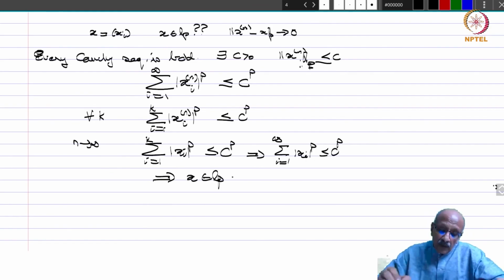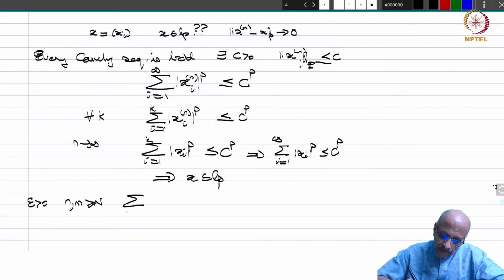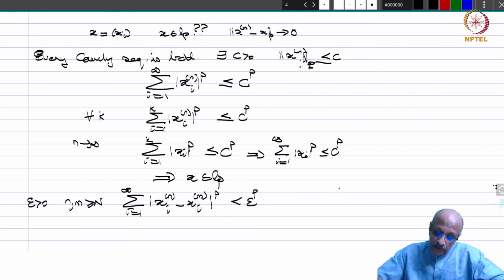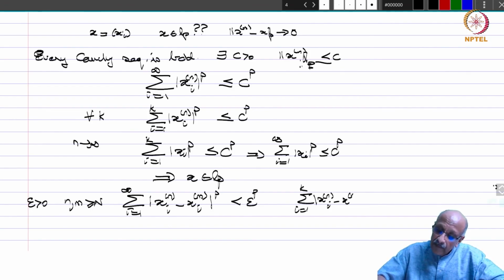Okay, so we have answered the first question, so now we need to answer the second question. So we already saw that for n, m greater than N, epsilon is given, and therefore the sum from i equals 1 to infinity of |x_n^i - x_m^i|^p is less than epsilon^p. So we do the k trick once more. Fix k. Then the sum from i equals 1 to k of |x_n^i - x_m^i|^p is less than epsilon^p.